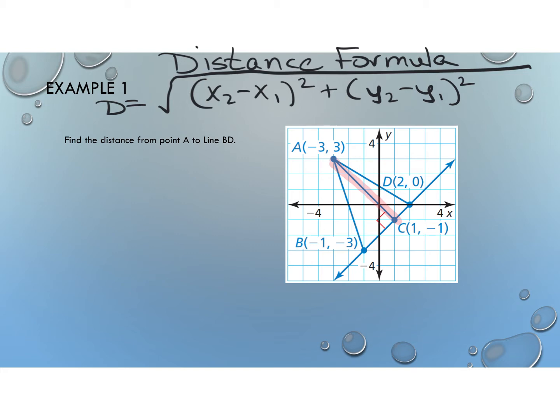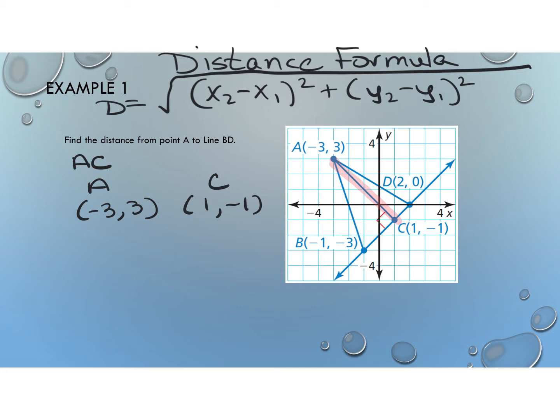So in this particular picture, the distance I want to calculate is going to be the length of AC, because that is the one that is perpendicular from point A to line BD. So A's ordered pair is -3, +3, and C's ordered pair is +1, -1.